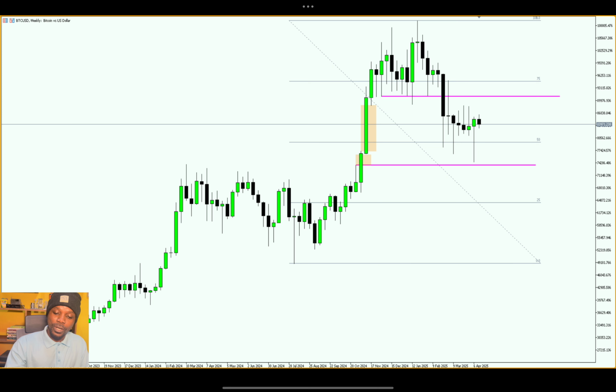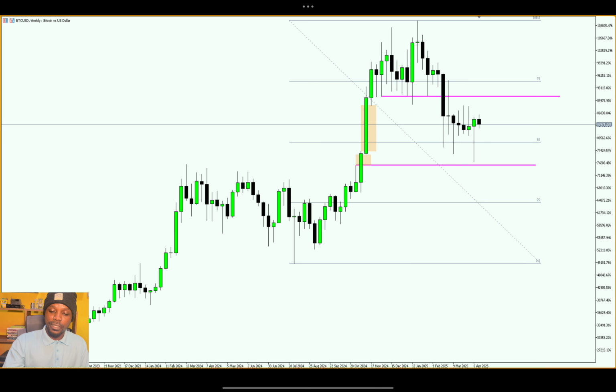When you pull a fib from the low to that high, you could see that where the 50% of the market is delineated, it is still within that fair value gap.